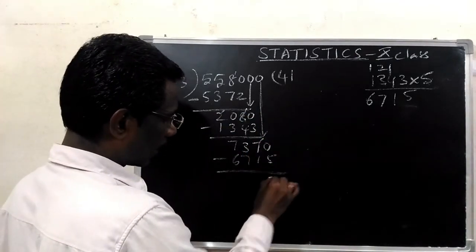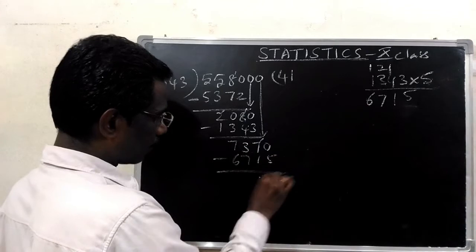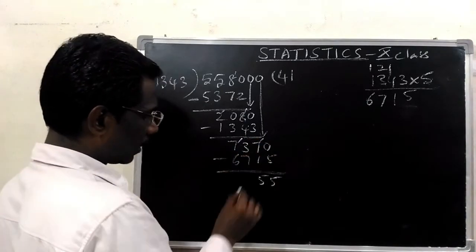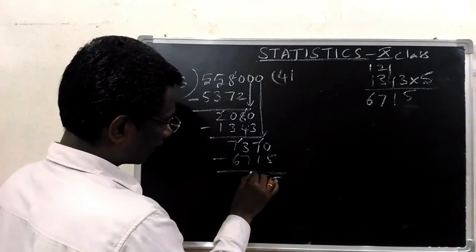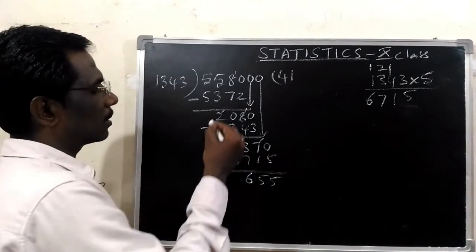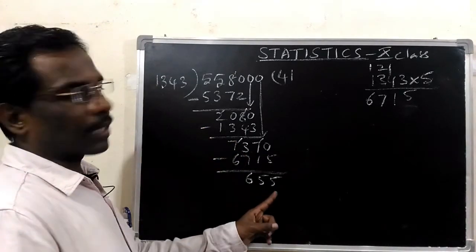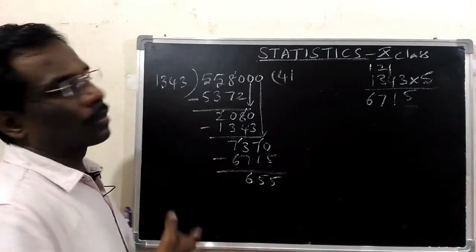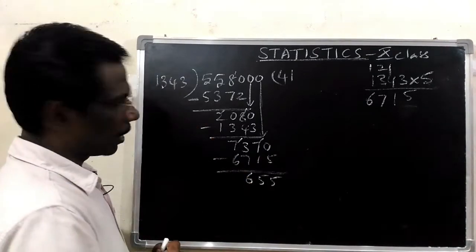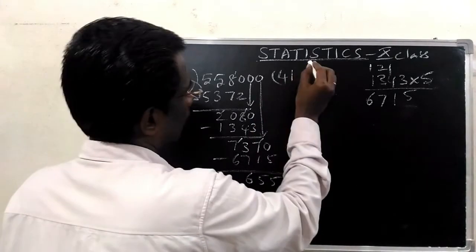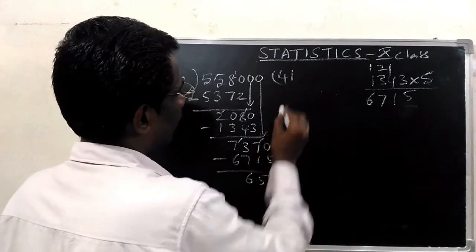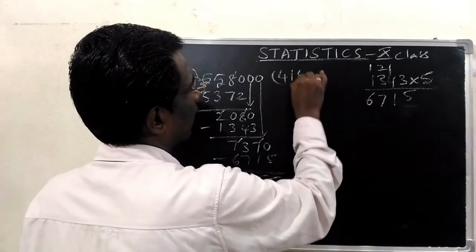Then 10 minus 5 is 5, 6 minus 1 is 5, and 13 minus 7 is 6. 6 minus 6 is 0, no need to write. And 655 is lesser than 1343. That's why it goes 5 times.